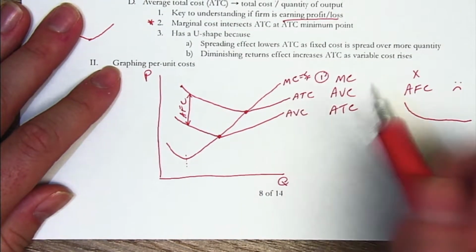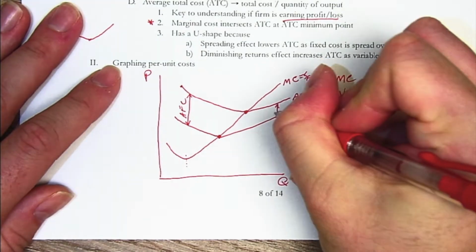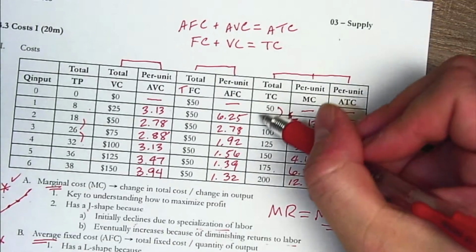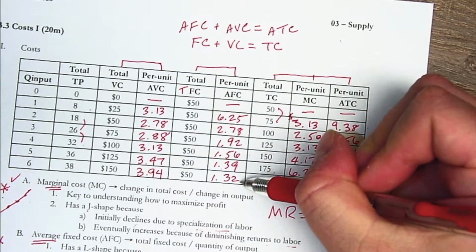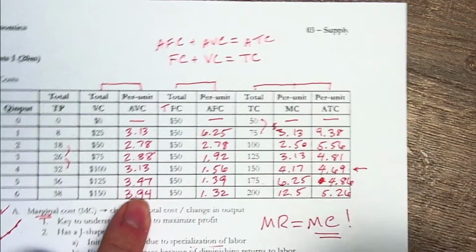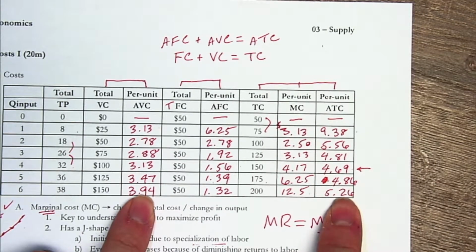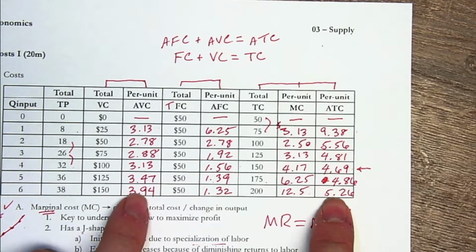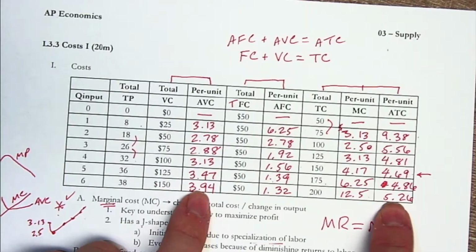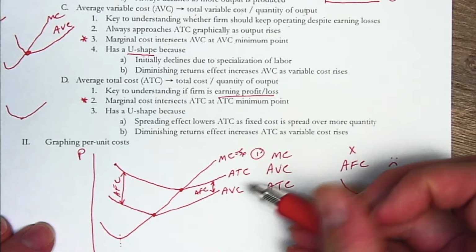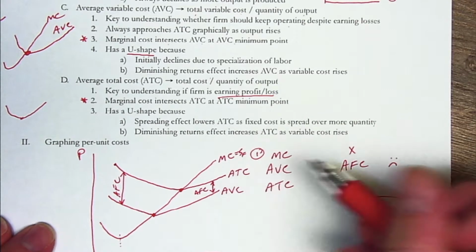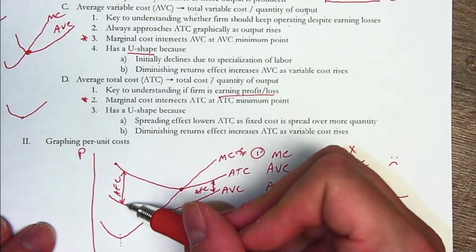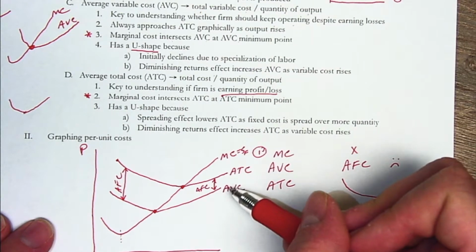And the distance between these is the AFC. So why would it be getting smaller and smaller? Well, look up here. AFC is always getting smaller and smaller. Eventually, these two numbers are going to get closer and closer together. And we notice that they do as time goes on. That doesn't seem that close, but given enough units, it would eventually get closer and closer. So maybe the technically accurate thing to do would be to draw this one a little bit farther on the left, a little bit closer on this side.